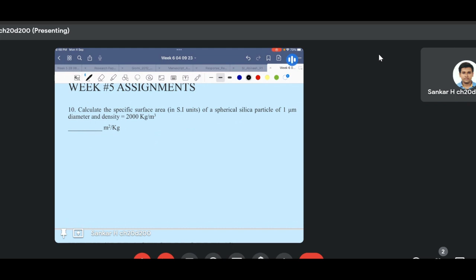Okay, so in order to answer this question, we need to first find out the surface area of the spherical particle, and let's write it down. So the specific surface area, or I'll just write it as SPSA from next time onwards, is given by the surface area of the particle divided by the mass of the particle.